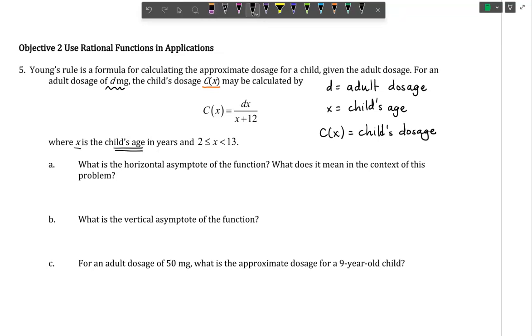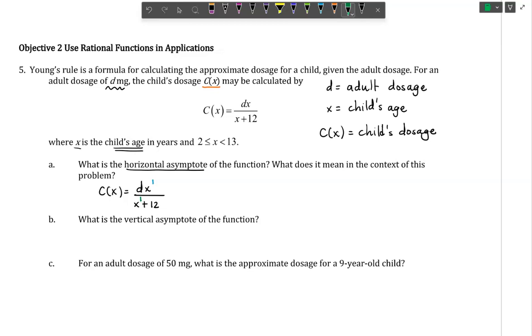Part A is asking us for the horizontal asymptote of the function. So to find the horizontal asymptote, we need to be thinking about the degree of the numerator and the degree of the denominator. So our rational function, I've rewritten it here. The degree of the numerator is 1. And the degree of the denominator is also 1.